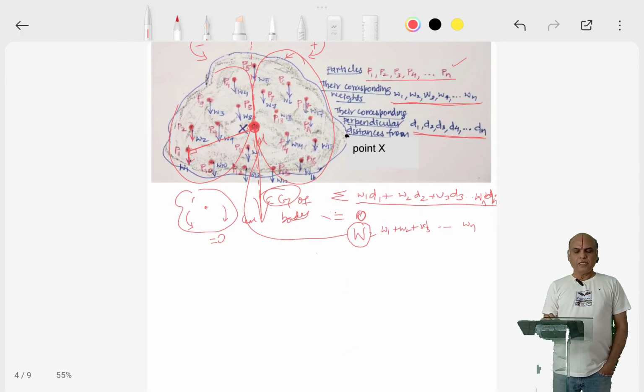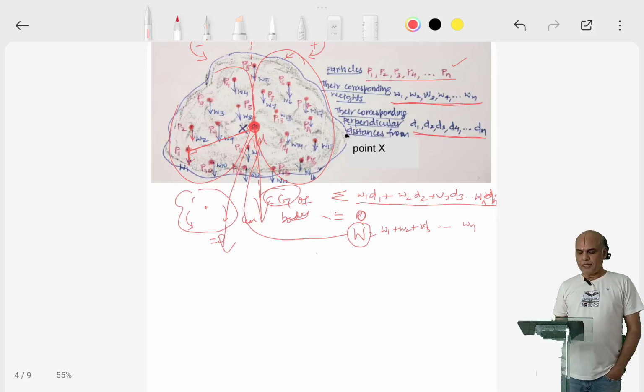Here, the center of gravity need not essentially lie within the body. Sometimes it lies outside the body. Let us see in which cases it will lie outside the body. Second thing, center of gravity depends on the size and shape of the body.